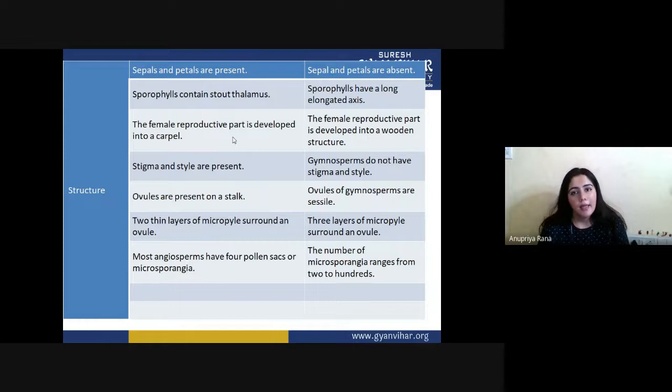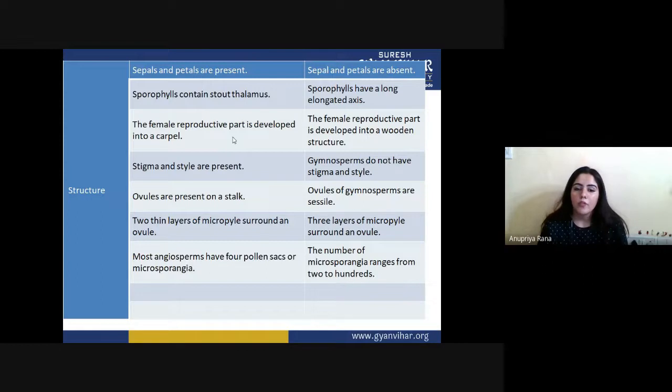But as the ovule and seed are naked in gymnosperms, they need more protection. That's why, in the absence of fruit layers, they have three layers of integuments around an ovule to give them more protection.